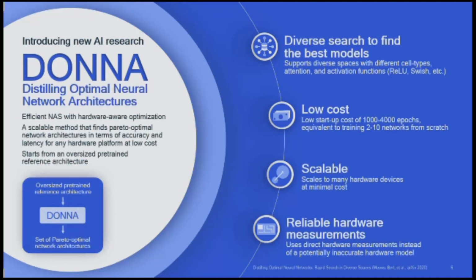First, we provide a much bigger, diverse search space with the best model in the given search space, and it's really low cost. It can be done in 2 GPU days by 1 to 2 GPUs, and it can also be scalable to end devices such as IoT devices. And we have a much more accurate, reliable hardware measurement simulation during the searching. So we're making sure that the searched model can be delivered on target.